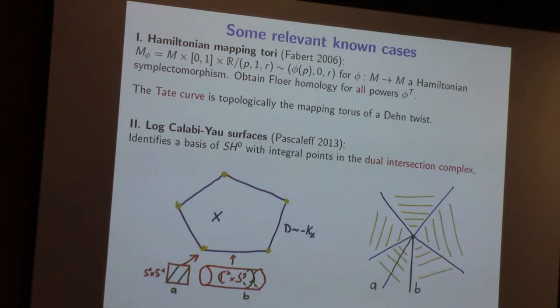That is what it is topologically. Oliver was looking at a case where this symplectomorphism was a Hamiltonian symplectomorphism. Of course, the Dehn twist is not Hamiltonian, so that is not really the case we have. In this case, he found out that symplectic cohomology computes Floer homology of all powers phi to the t.